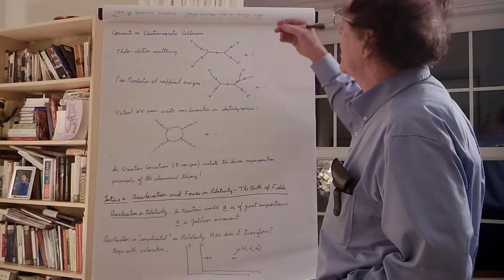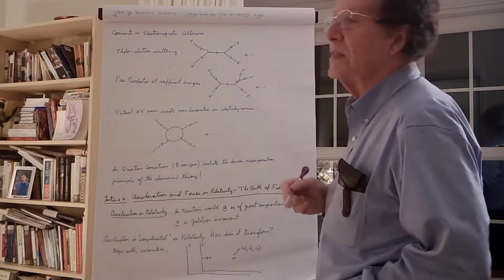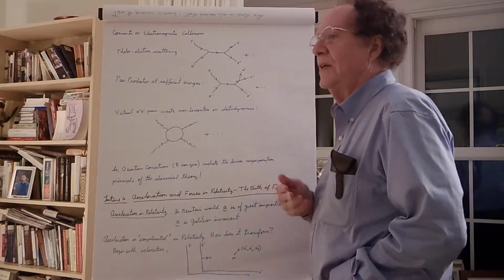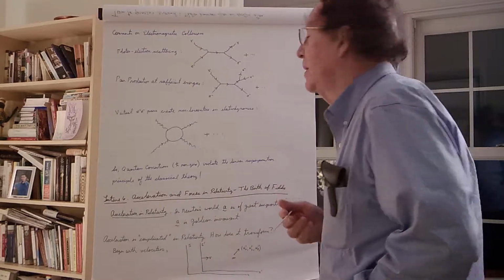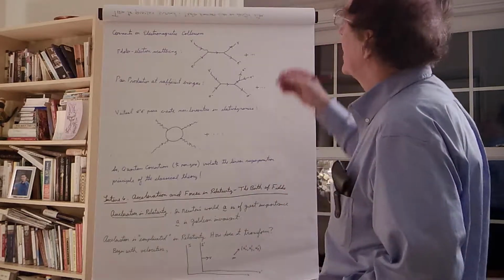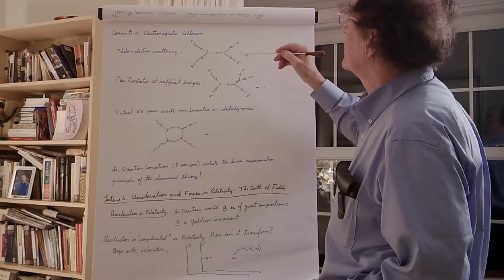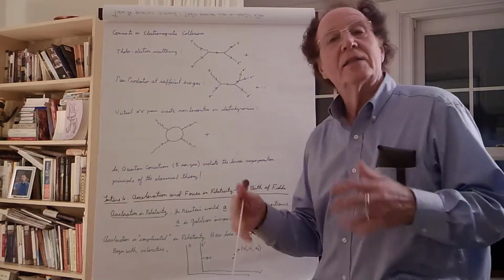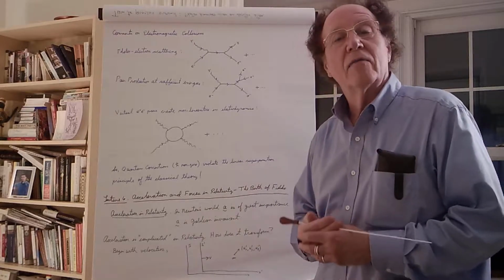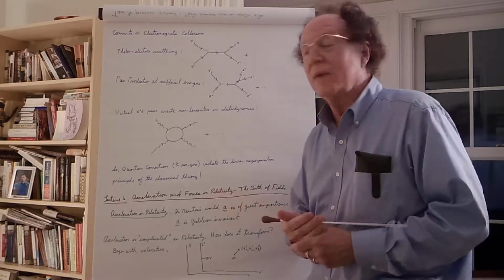And you draw little pictures, and these little pictures have rules which tell you how to calculate the probability amplitudes involved. So I have a photon coming in, an electron coming in. The photon can get absorbed, right? It's the quantum equivalent of light getting absorbed by a material.